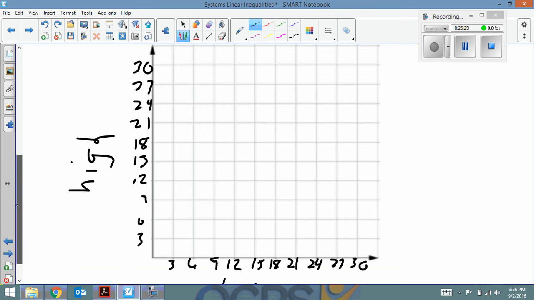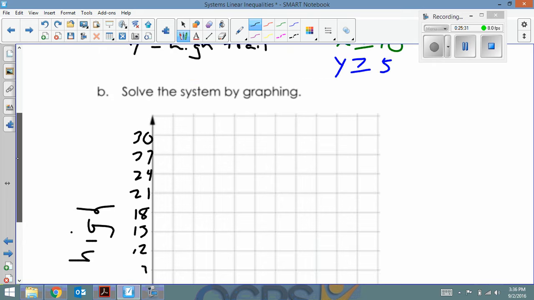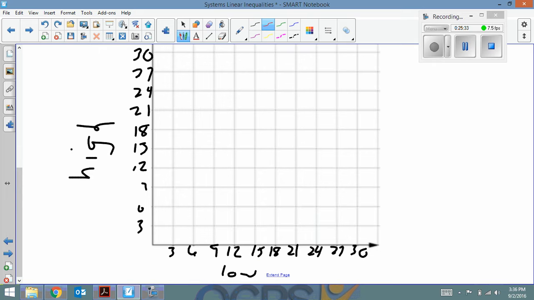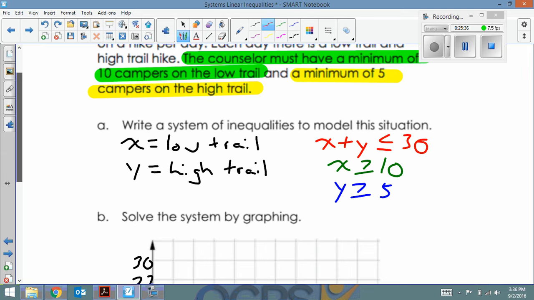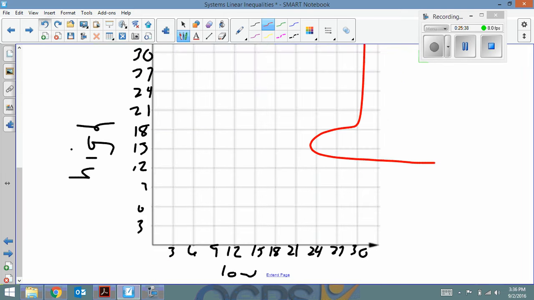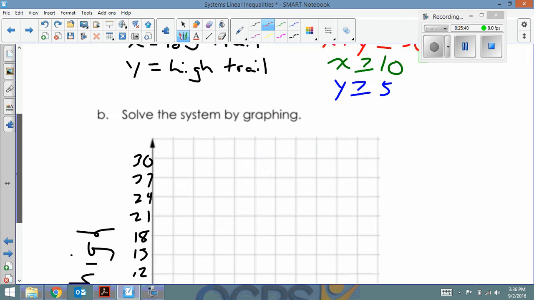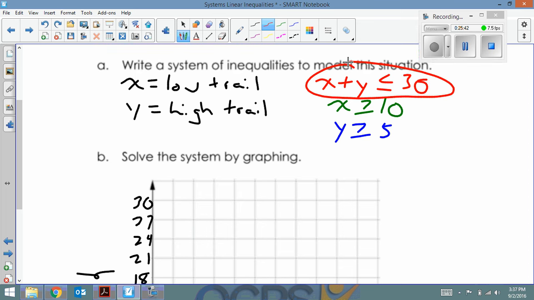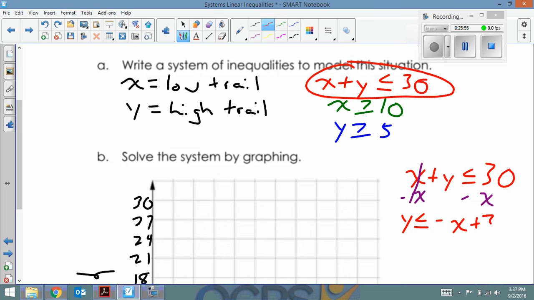Okay, so we're going to do each equation. Start with the first one. So we have x plus y is less than or equal to 30. So we're going to subtract x from both sides. And we get y is less than or equal to negative x plus 30.